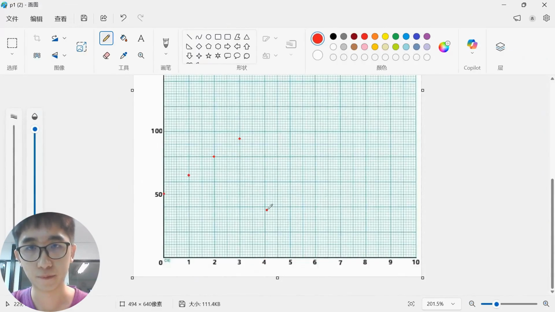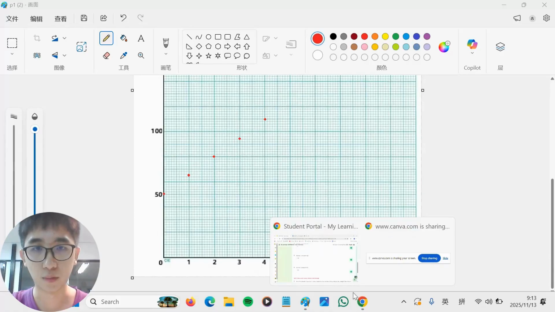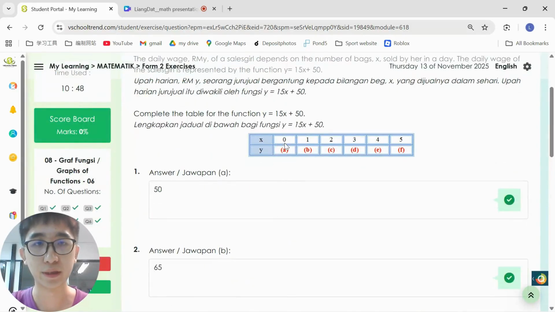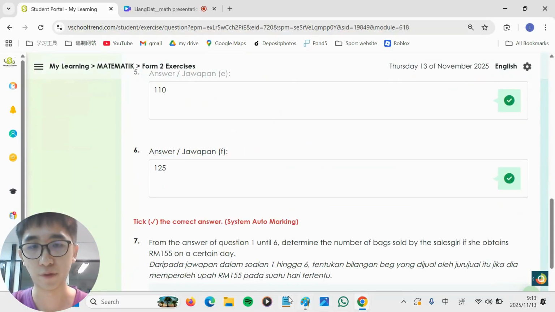We need to put a point near 100. Lastly, when s is 5, the value of y is 125.